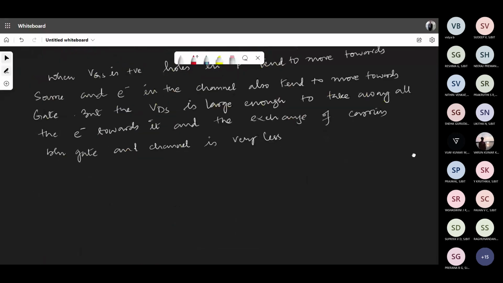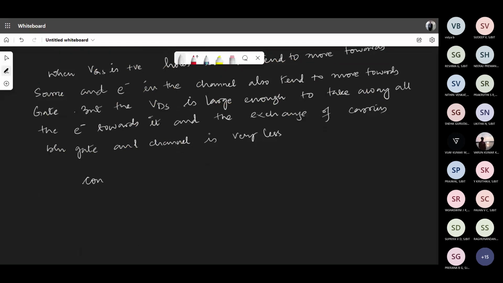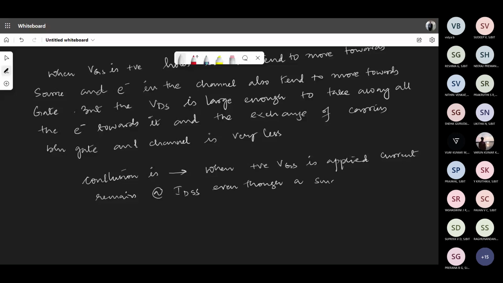The conclusion is, when positive VGS is applied, current remains at IDSS, even though a small rise in the current happens because of holes from the P plus region.